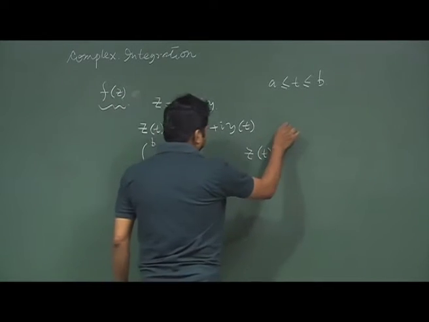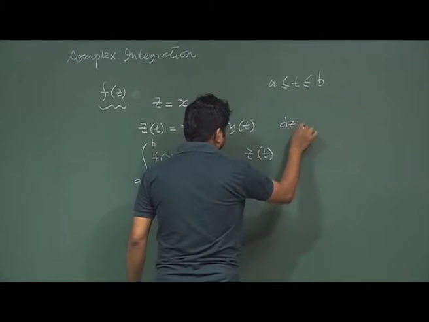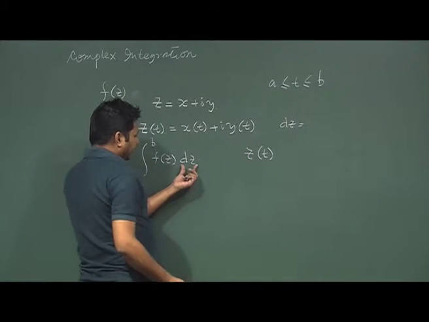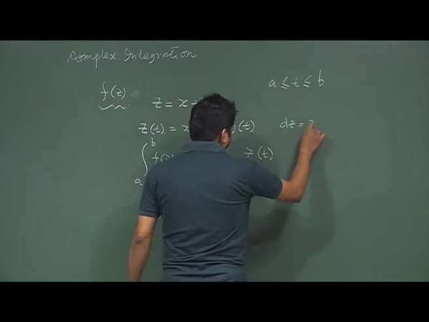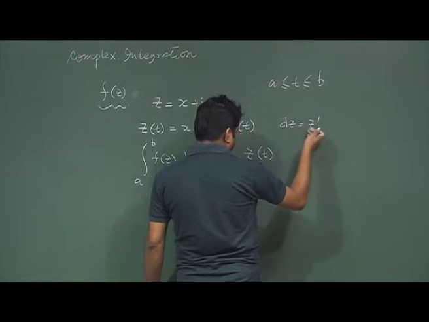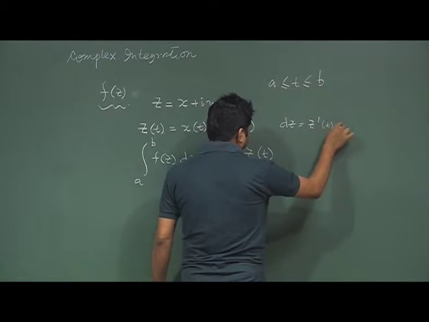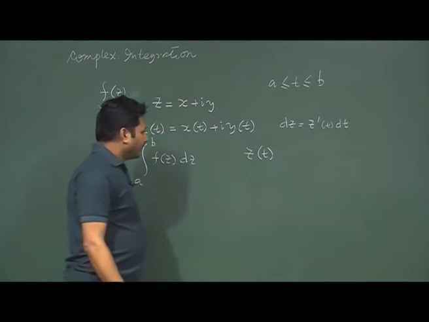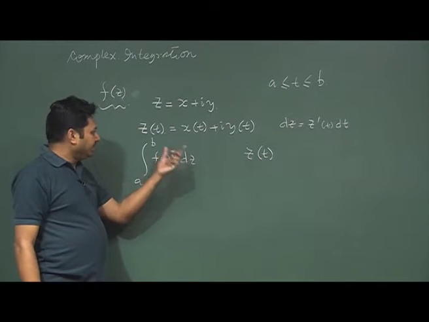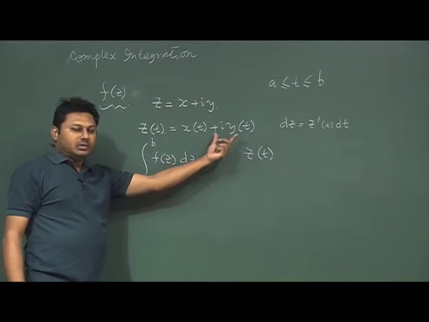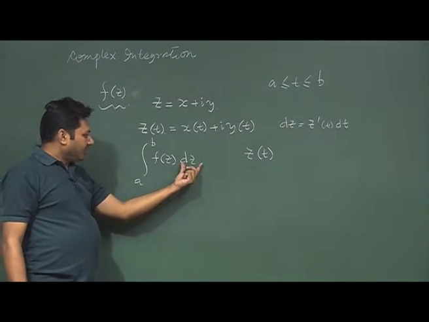So, delta z, since z is a function of t, delta z can be represented as z prime t delta t. So, z prime t delta t, if z as an explicit form of t is known, then I can find out this quantity.